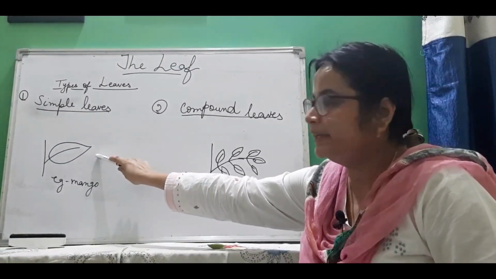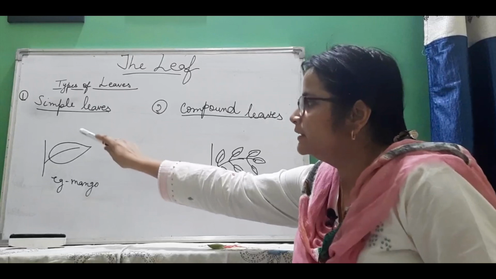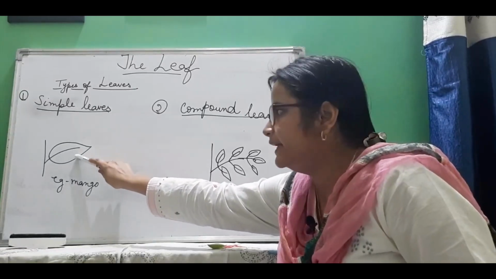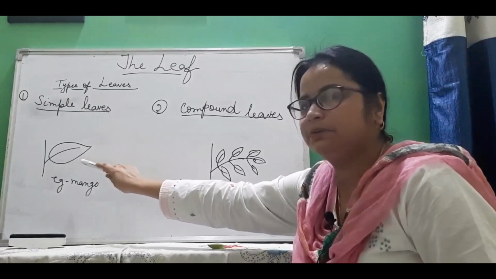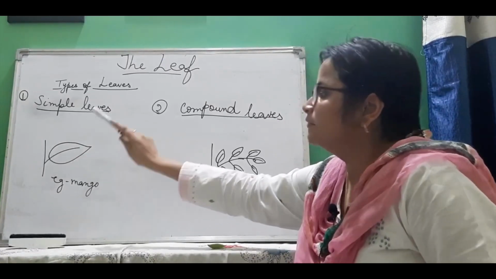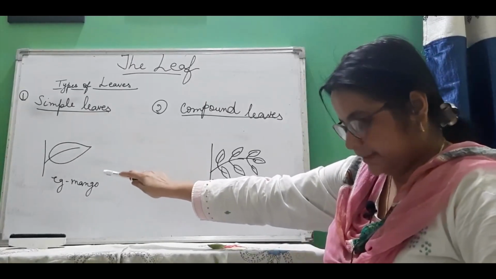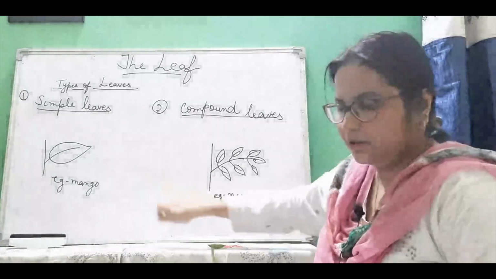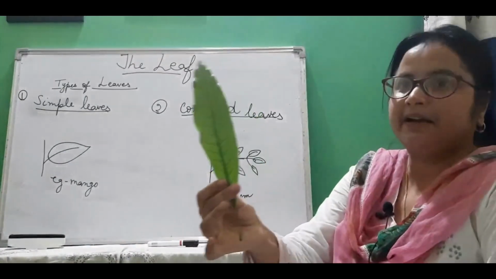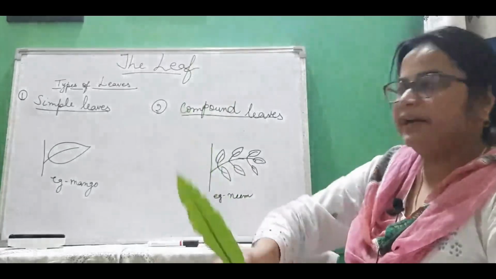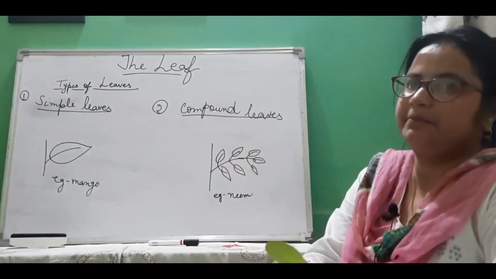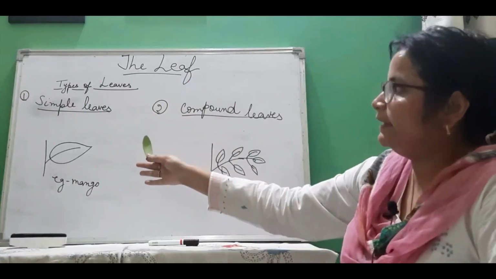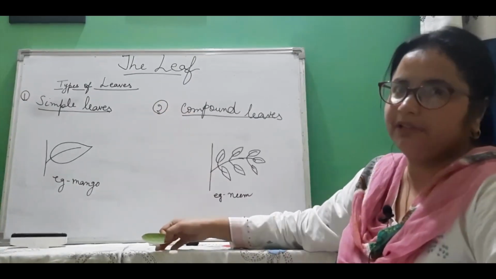Simple leaf means the leaf blade, or this green portion, the lamina, is not divided into different segments. For example, mango leaf, jamun leaf, or guava leaves are simple examples of simple leaf.